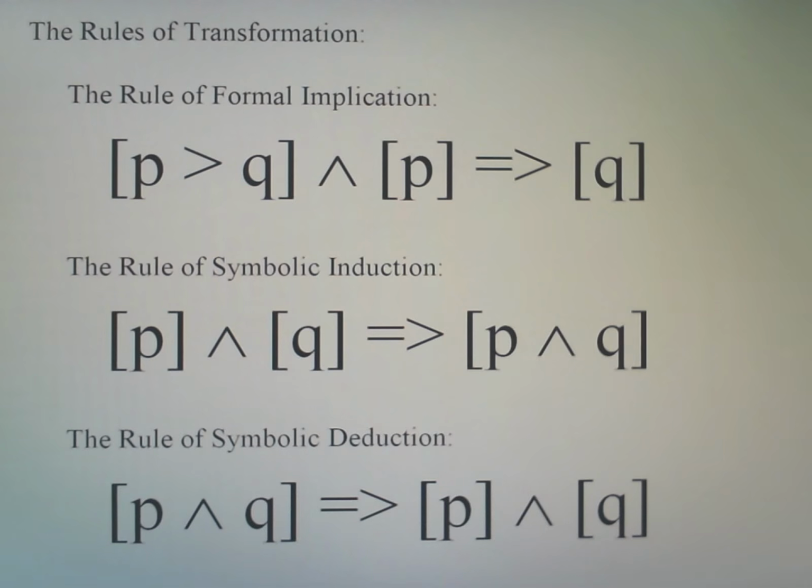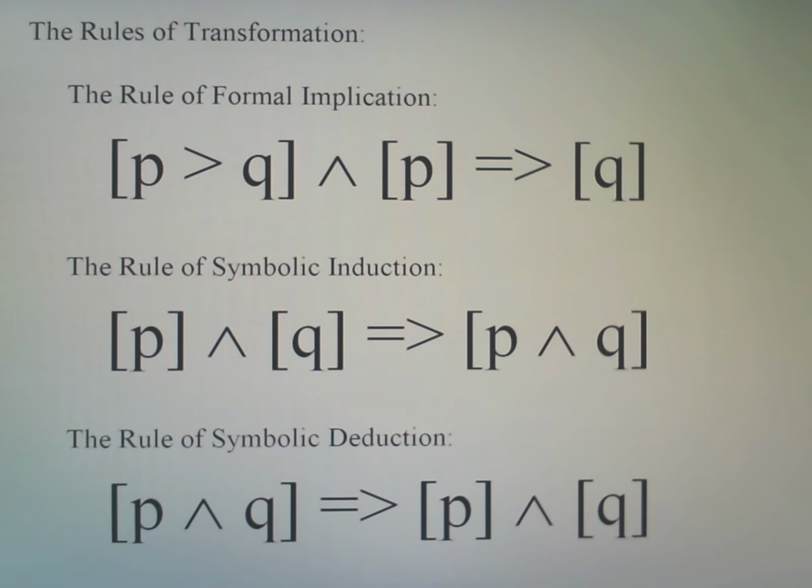In addition, we have two more rules that are connected to each other, basically allowing us to use the value or the power of the conjunction, the and statement. Because basically an and statement requires two true components in order to be true.